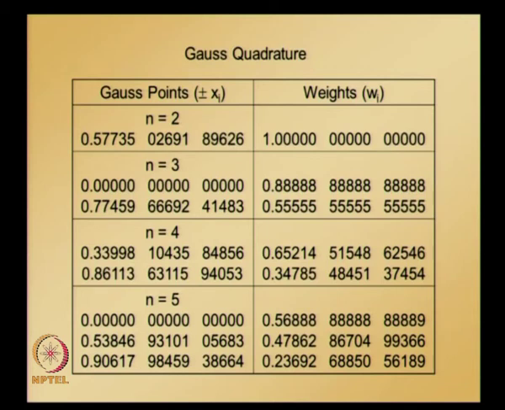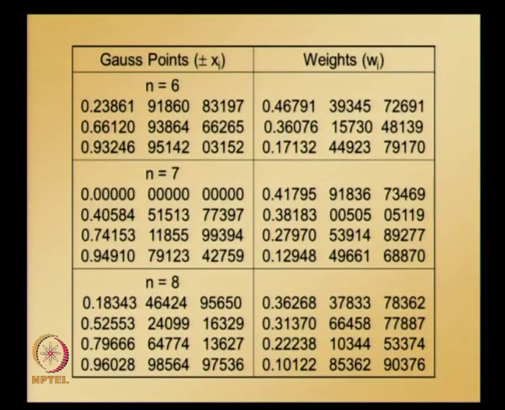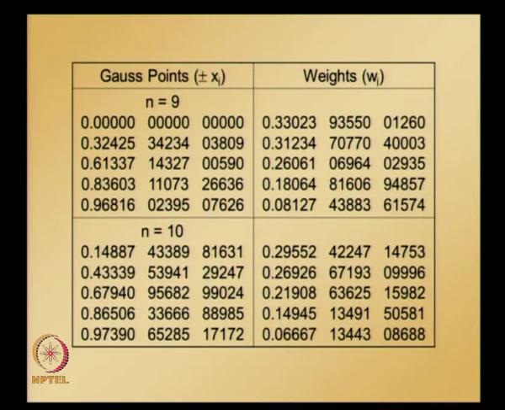Here, points and weights for n equal to 2 to 5 are shown, and the rest are shown in the next table: n equal to 6, 7, 8, 9 and 10. These values of Gauss points and weights can also be obtained using commercial software like MATLAB.